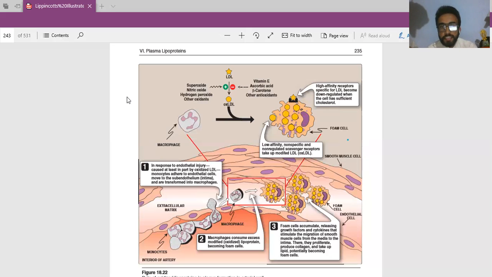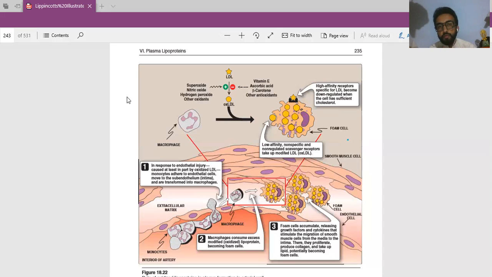But due to the hypertension, this movement gets disrupted and these cells, macrophages, monocytes, B lymphocytes, and other cells of blood, they move to the periphery of the blood vessel.